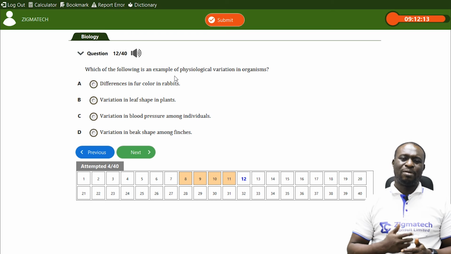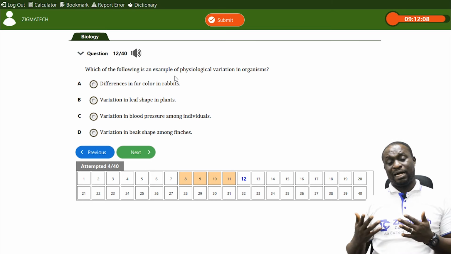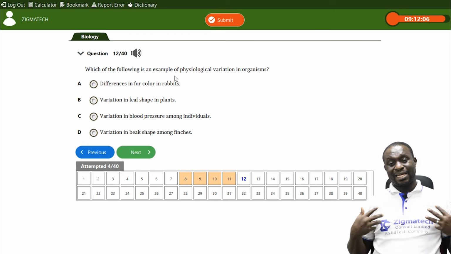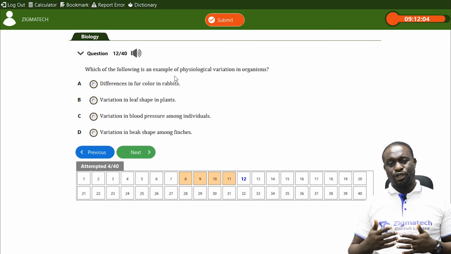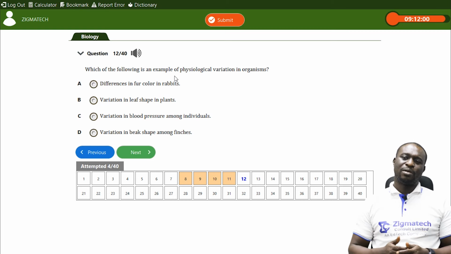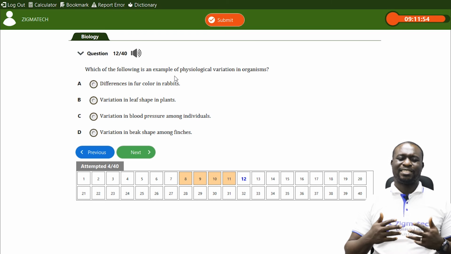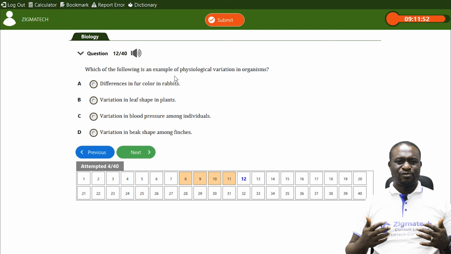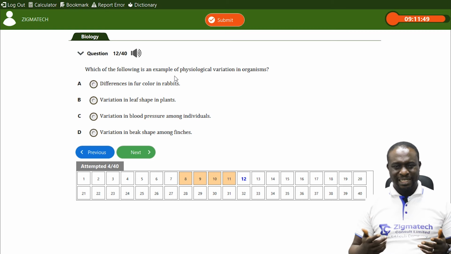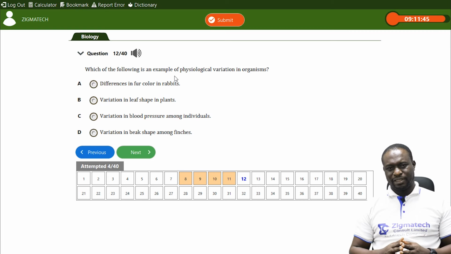So when we're talking about morphology, we're looking at outward, external features, while physiology is how these internal features work. Okay, so when we're talking about physiological variation, we are looking at variations that are not external features. They are not features you can actually see. They are features that operate in an organism.